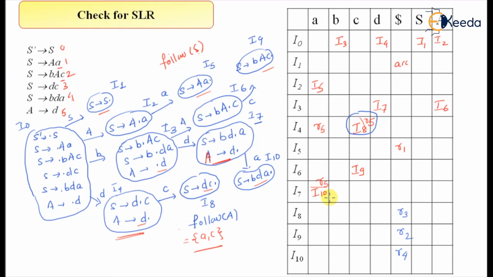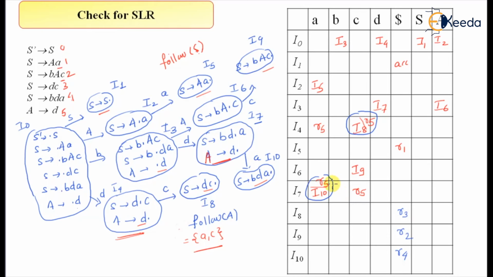In the C column again I will write R5. So there are multiple entries in two places: one is in I4, and another is in I7.